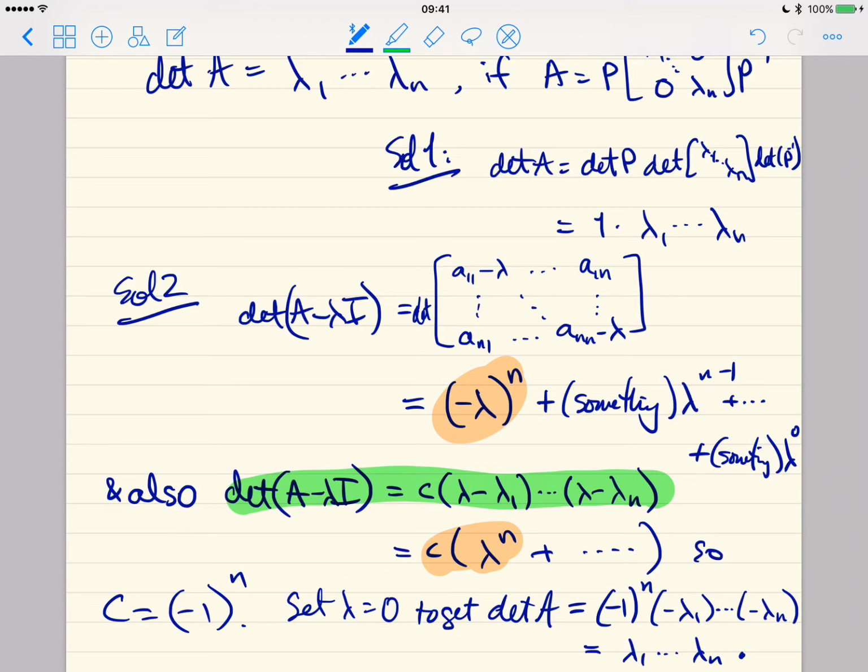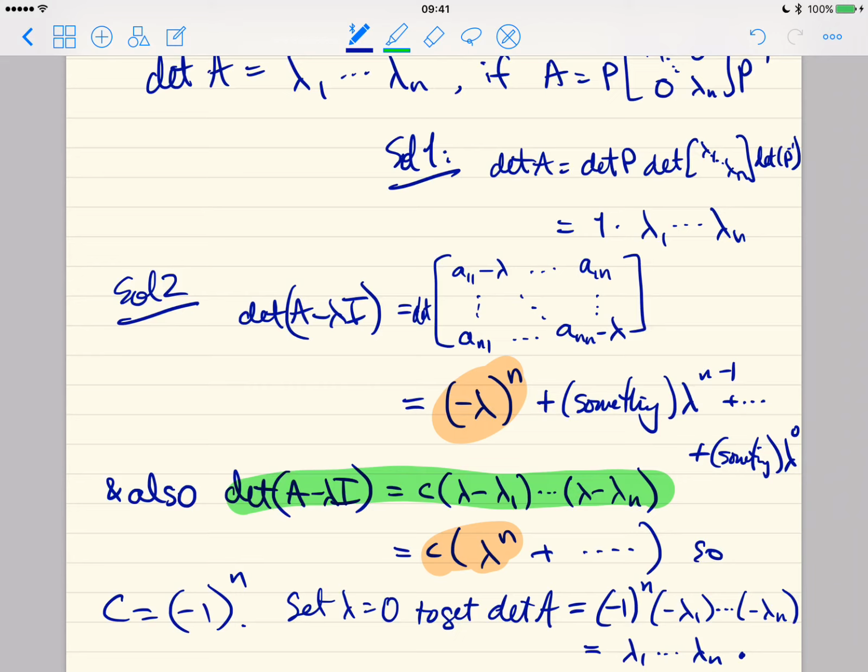And geometrically, that makes sense because geometrically what the transformation is doing is scaling space by each factor, lambda 1, lambda 2, and so on up to lambda n, by the given eigenvalue along each factor. So as it scales by lambda 1 along the first axis, it's multiplying volumes by lambda 1.